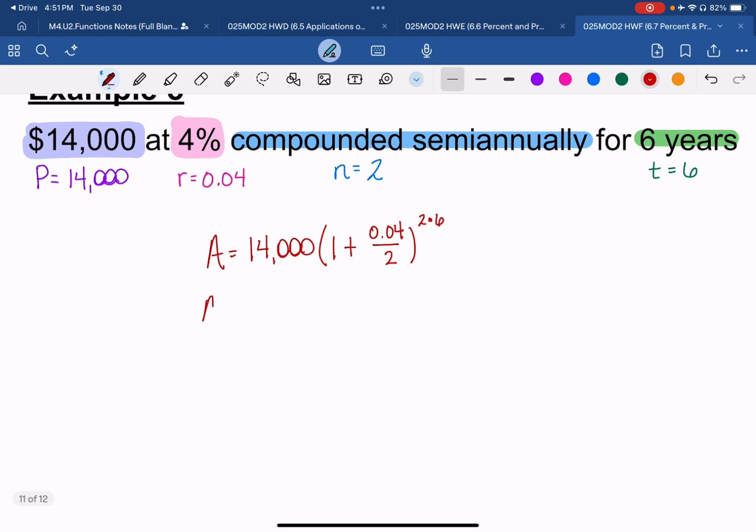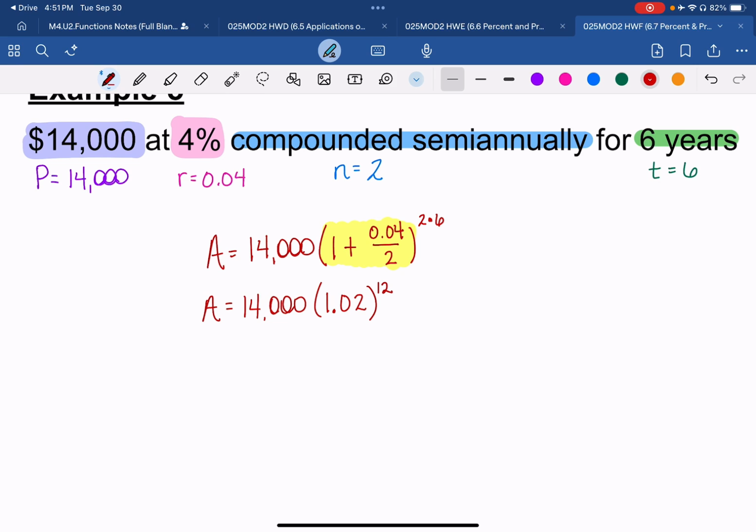So, again, if you're going to put this in there piece by piece, I would put this in your calculator. So I'm going to bring down the 14,000. In my calculator, I would put 1 plus 0.04 divided by 2. And that's going to give me 1.02. 2 times 6 is 12.